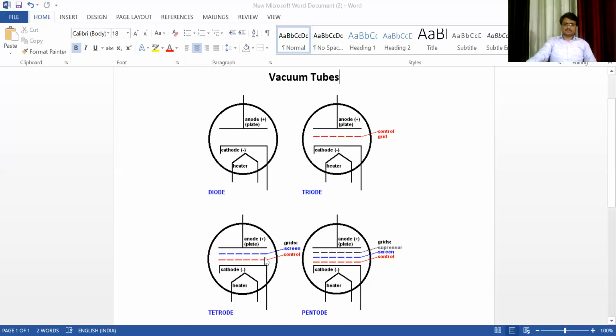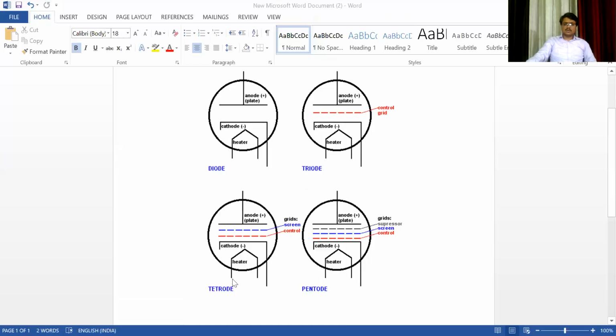A tetrode has one anode, one cathode, and two grids: one is the screen grid, and another one is the control grid. In a pentode there is an anode, a cathode, and three grids: suppressor grid, screen grid, and control grid.